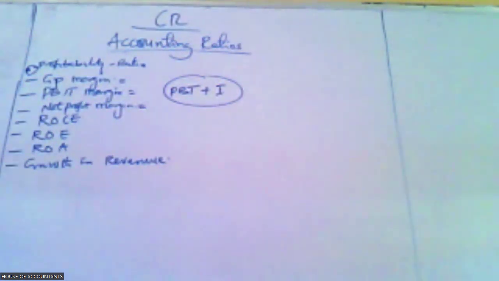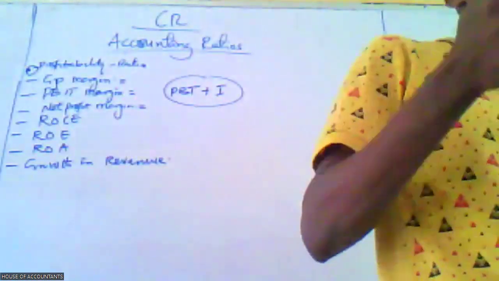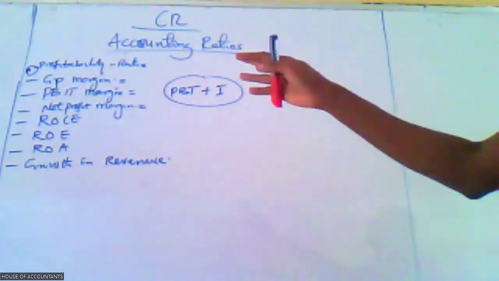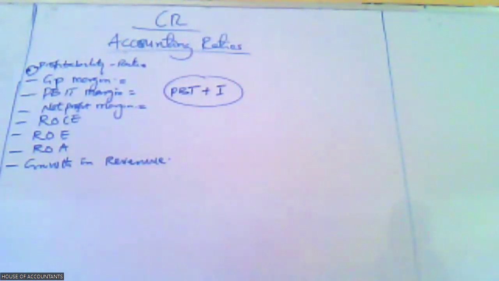Or you can say equity plus long-term debt. That is, any debt you see, any payable you see, any liability you see under non-current liabilities, you will add it to equity. Are we good to go? Do you understand that method?